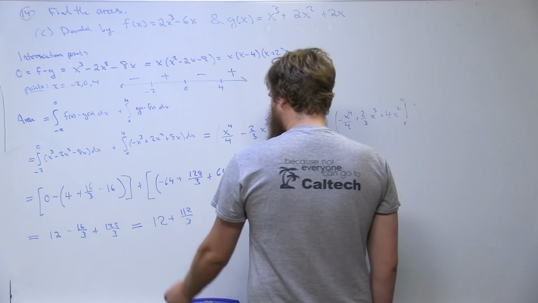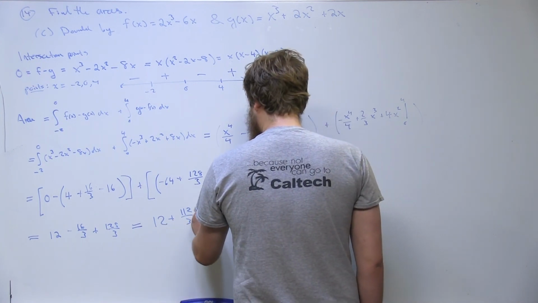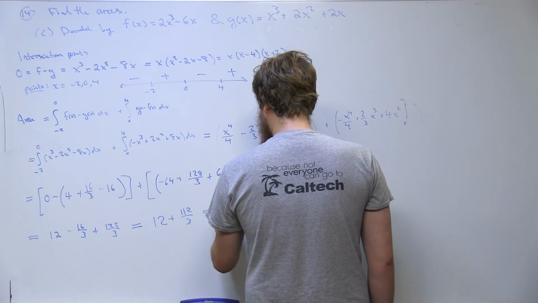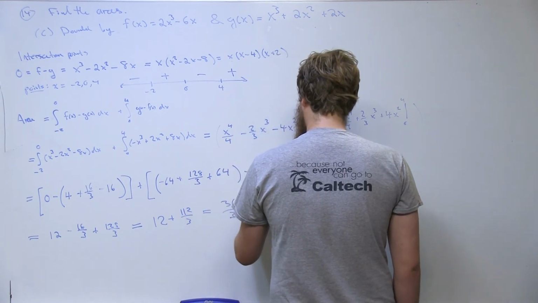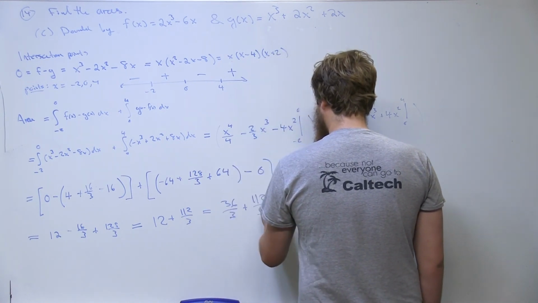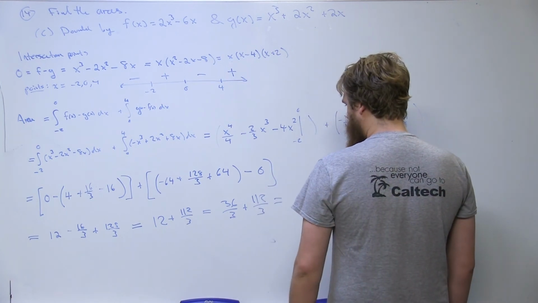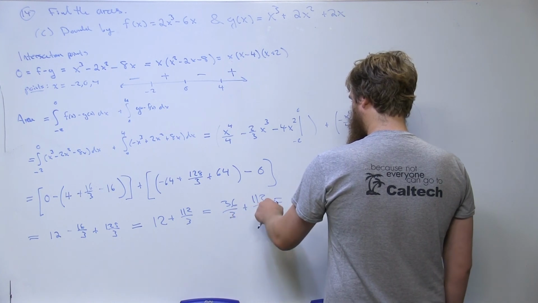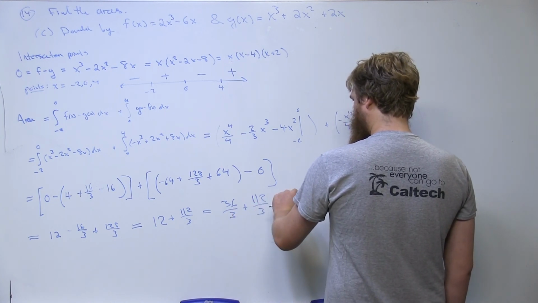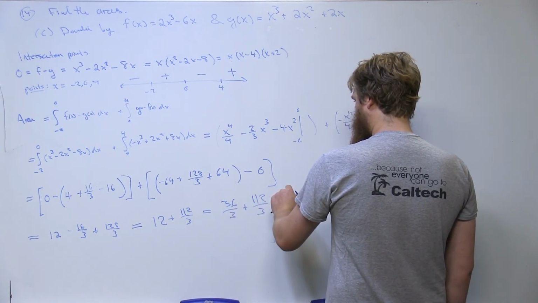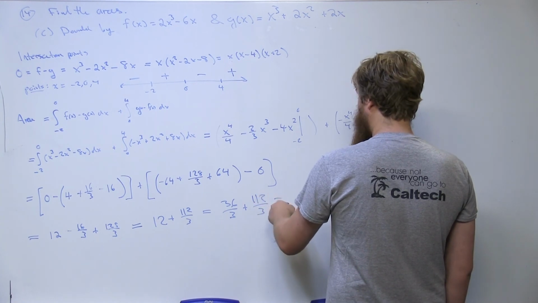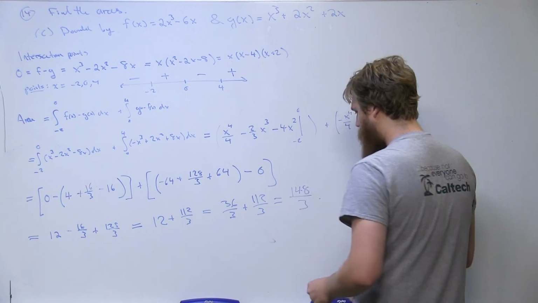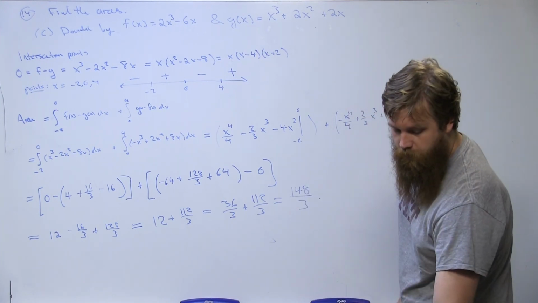And then if you wanted to write this as a ratio over 3, what is that? 36. And then 36 and 112. So that's 148, right? So it looks like 148 thirds is our answer.